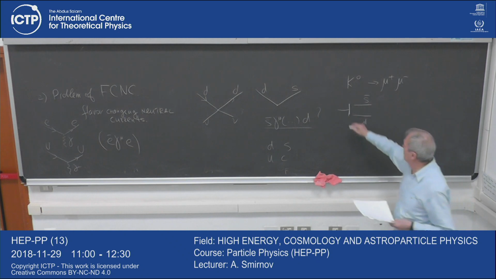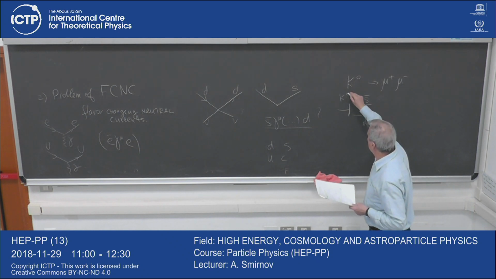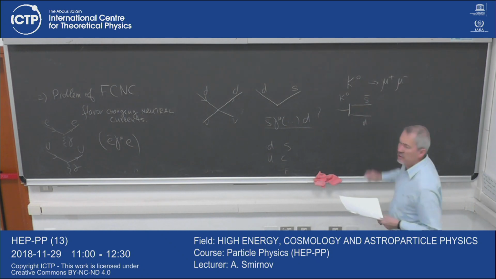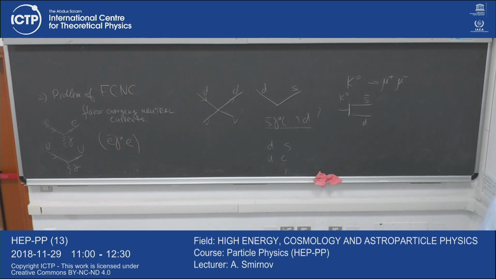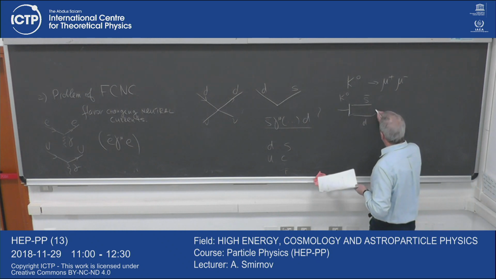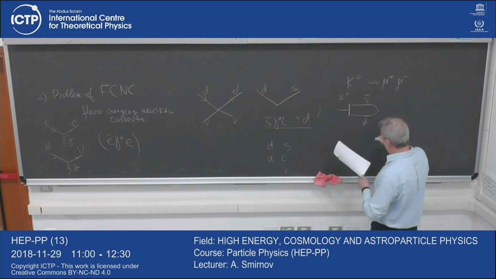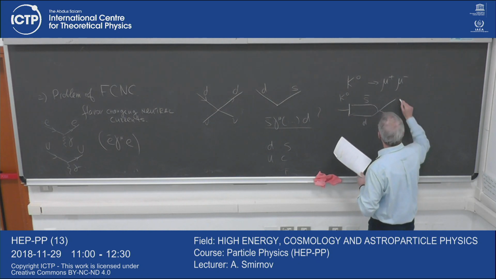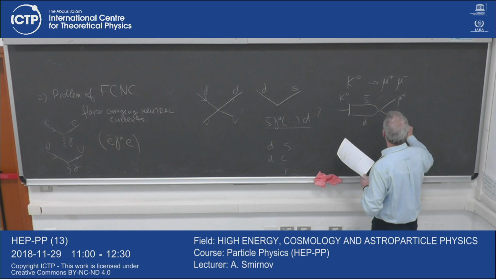This is its composition. If such a current exists, then these two can annihilate, like in pi decay, and then produce this mu plus and mu minus.